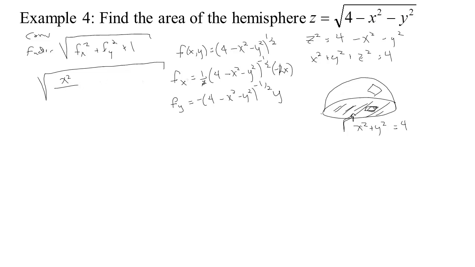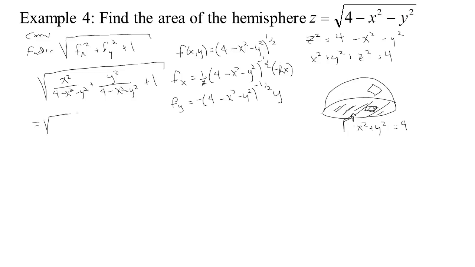squared over, if you square this square root, you just get 4 minus x squared minus y squared, plus f sub y squared. There's a y up top, so that gets squared and becomes y squared. There's a square root downstairs that gets squared and becomes 4 minus x squared minus y squared, and then plus 1 from here.